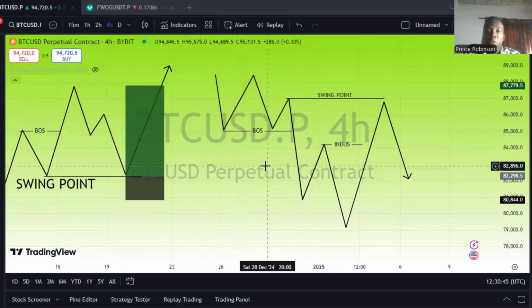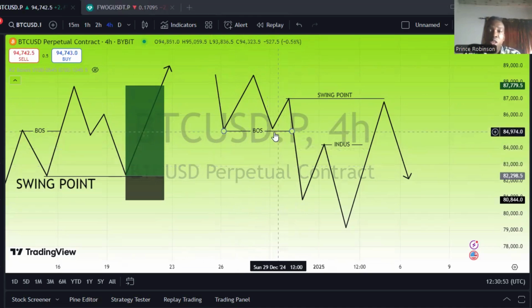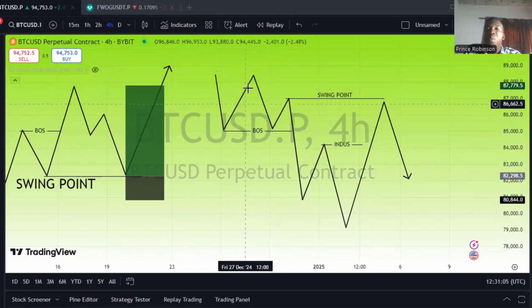You understand? Like I told you guys, for a swing to be noted, it should break a structure. Look at the structure, it took out the structure, turning here from a support into resistance. You're no longer looking for a buy.